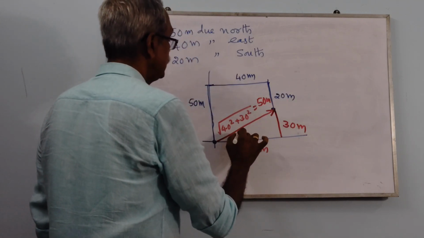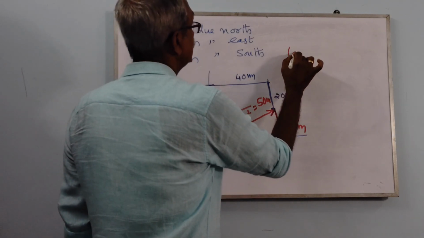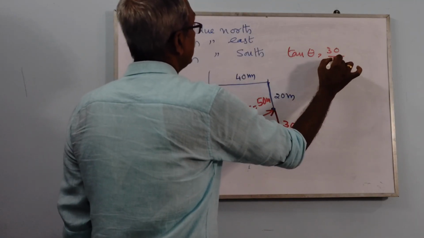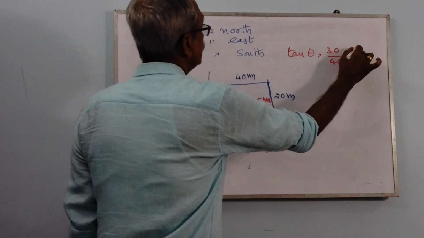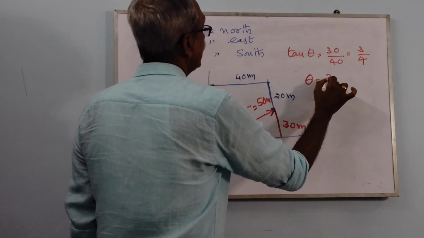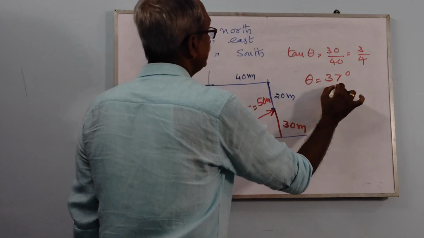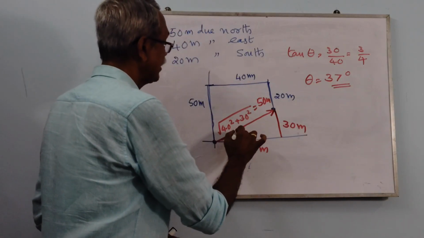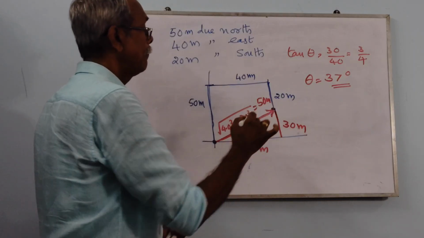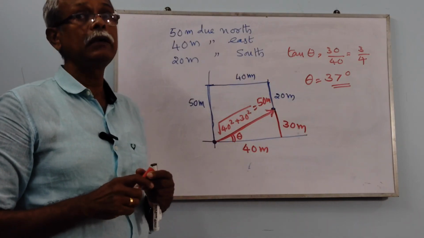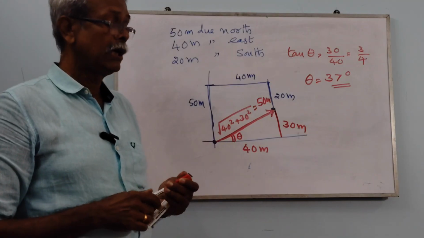This angle theta is tan theta equal to 30 divided by 40 equal to 3 divided by 4, and we have seen that 3 divided by 4 represents 37 degree. So the displacement is a vector having magnitude equal to 50 meter and inclined at an angle 37 degree to the x-axis.